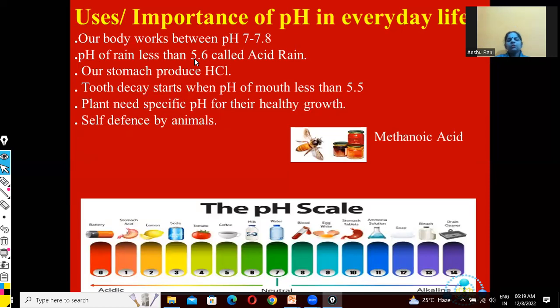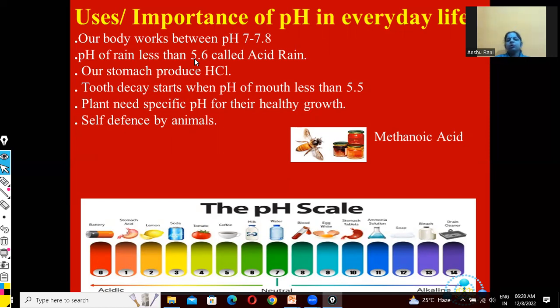Then our stomach is producing HCl. If it is releasing more HCl, you are getting acidity because of untimely eating. Sometimes we are not eating on proper time, or sometimes we are not eating for a long time, or too much eating. These can be causes of acidity.